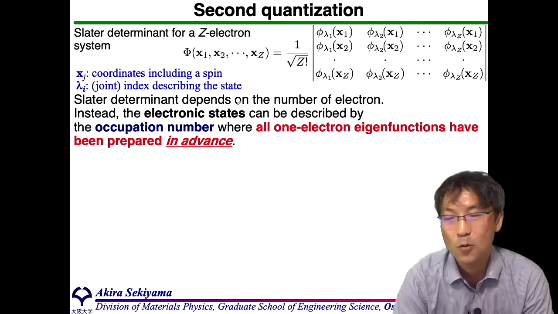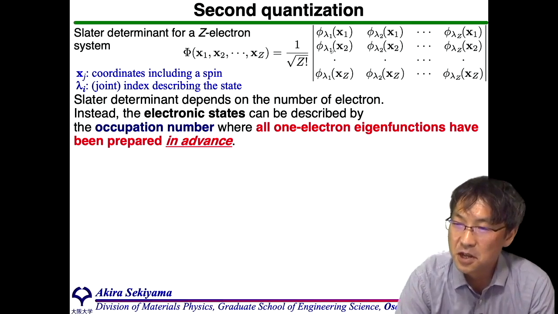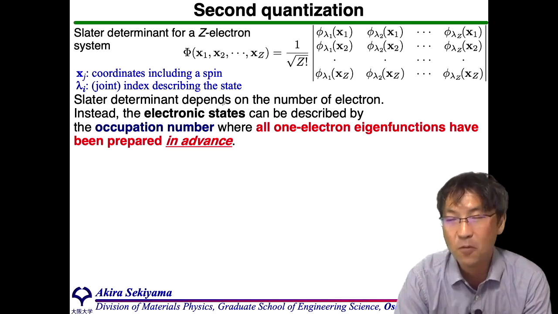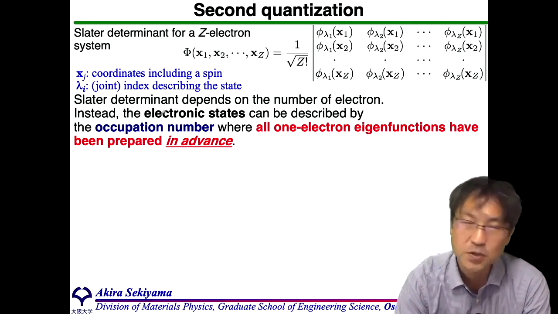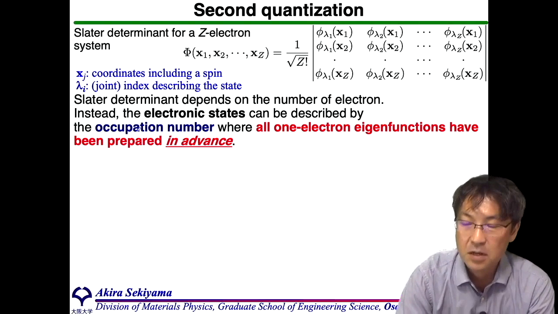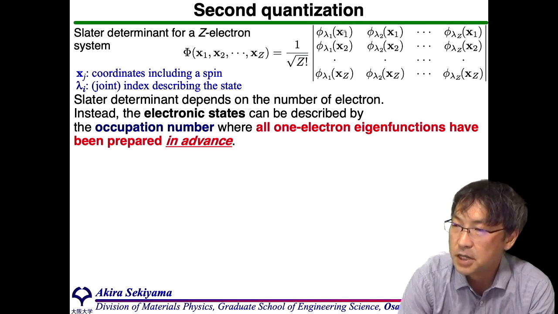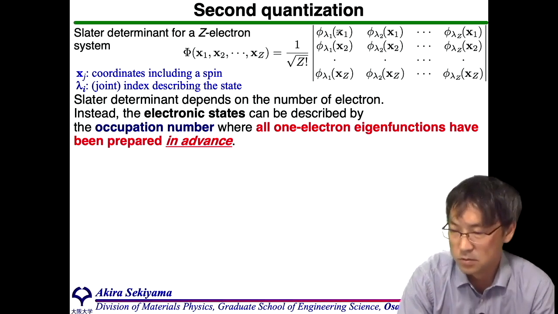That means when the number of electrons is changed, the Slater determinant also changes. That is rather inconvenient. One convenient way to describe the many-electron system is to use the occupation number. This is an eigenstate because these states are mutually orthonormal.